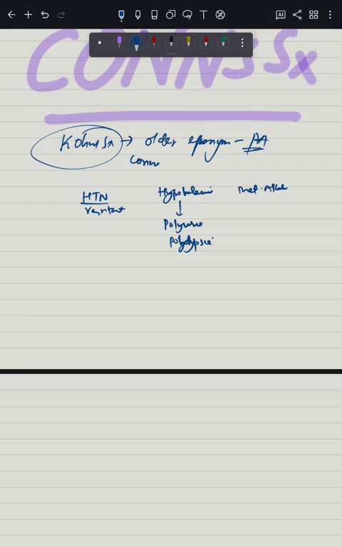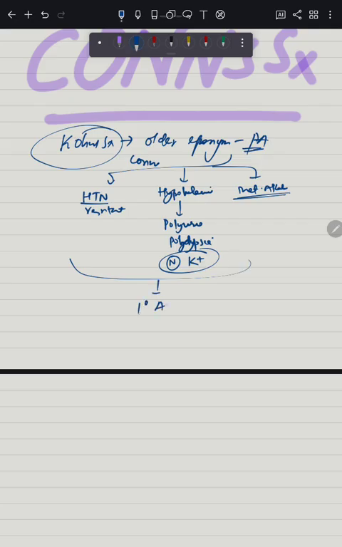So Cohen syndrome or primary aldosteronism encompasses these three things: hypertension, hypokalemia, or in some cases normal potassium levels, and metabolic alkalosis. So this is the manifestation, whereas it's caused by adrenal adenoma or bilateral adrenal hyperplasia.